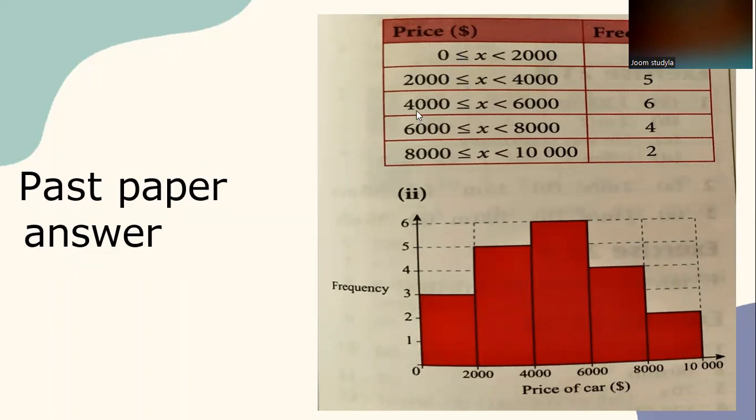For 4000 to less than 6000, you have about 6 cars. For 6000 to less than 8000, you have about 4 cars. And finally, for 8000 to less than 10,000, you have about 2 cars. From here, you plot the graph.